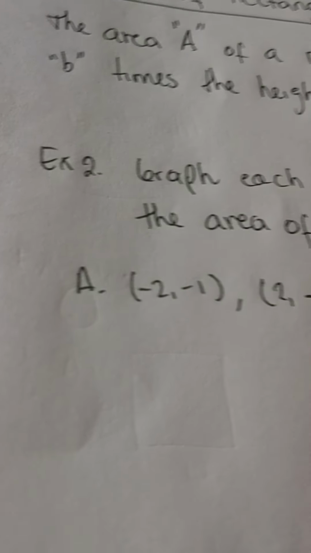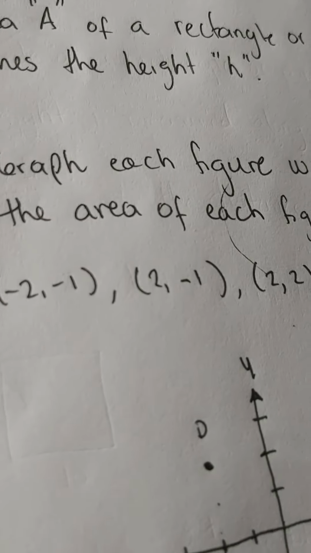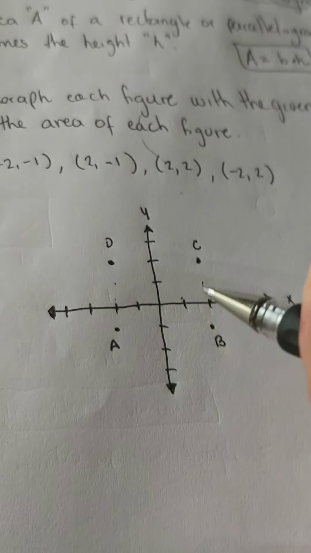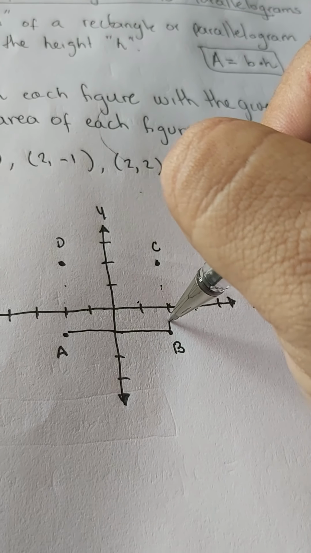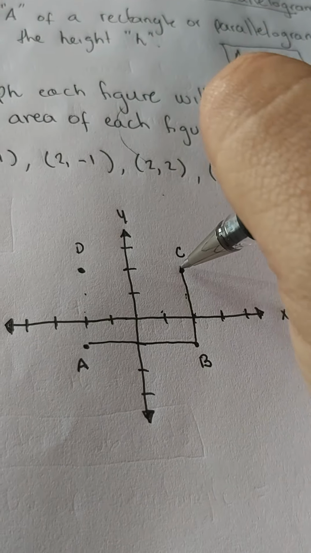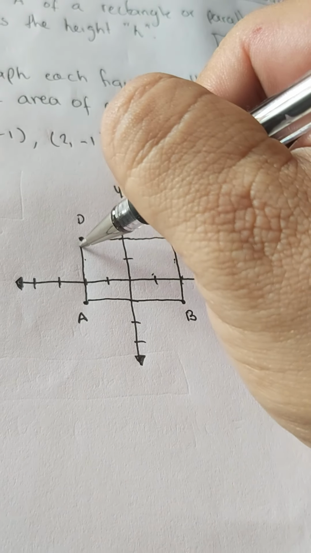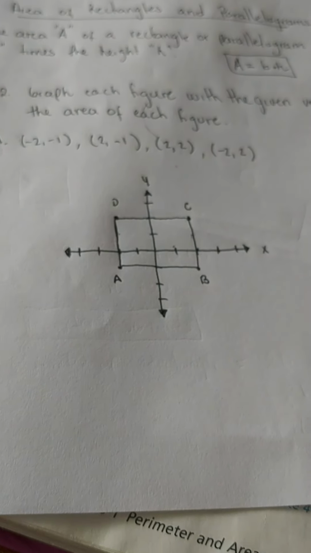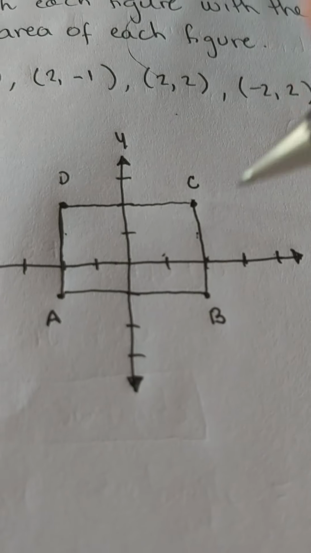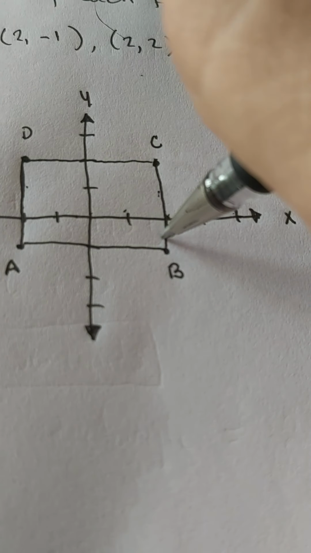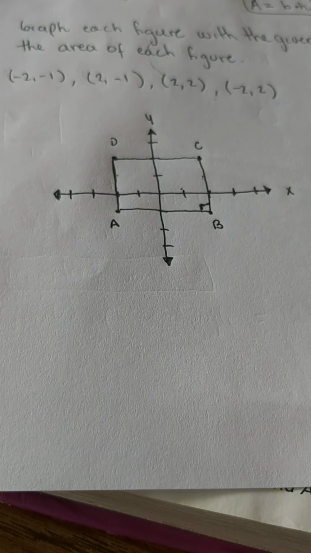And that will be point D. So we connect the points: AB, BC, CD, AD. And what do we have? A rectangle, right? We have a rectangle. Okay?